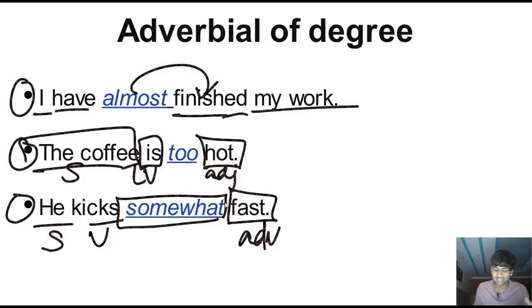It is an adverbial that is modifying another adverbial, which is fast. So it's a word that is modifying an adverb. That is why we call it an adverb, and an adverb itself is an adverbial. So somewhat is modifying the adverb fast. So these are different types of adverbials.